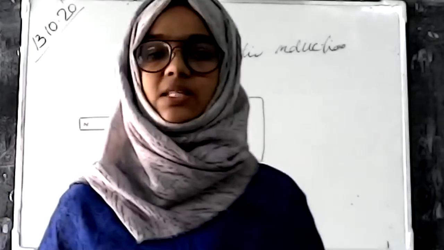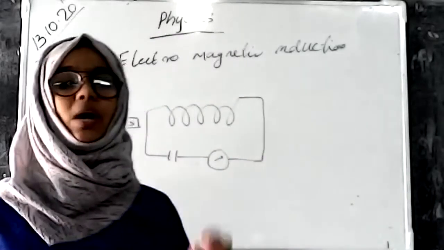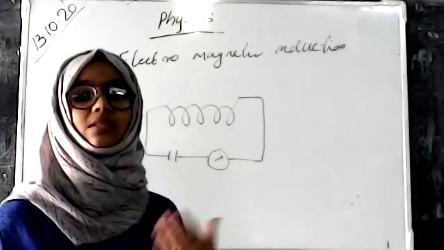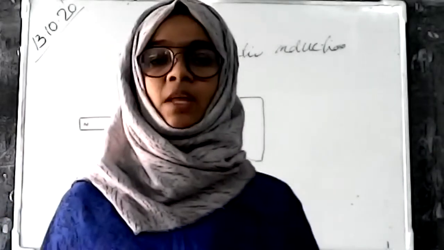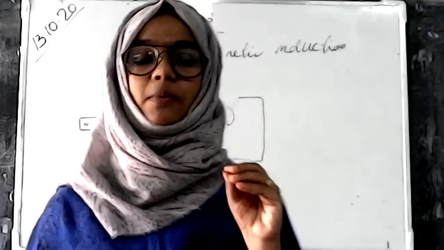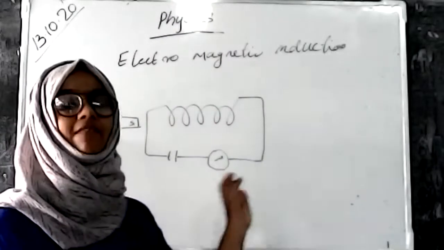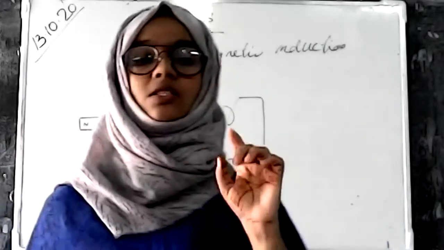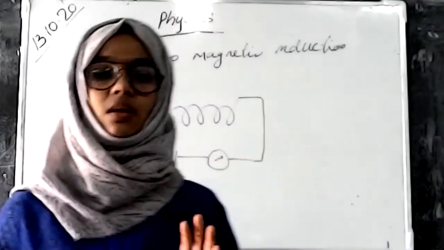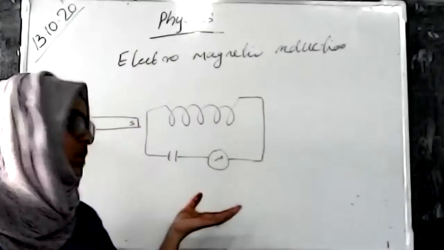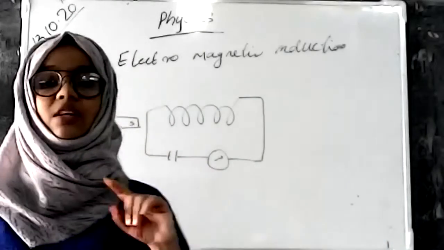A galvanometer is a device used to detect electricity production. If a small electric current is produced in a circuit, the galvanometer shows a small deflection.